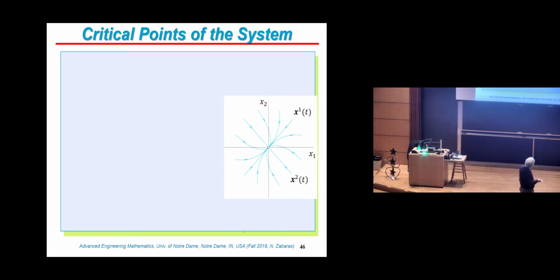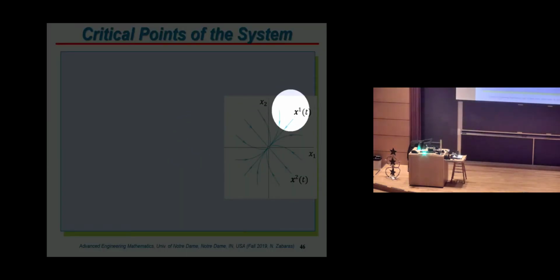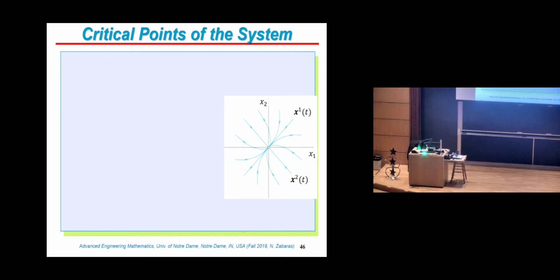Summarize with words, what do you see here? These are all the trajectories, and all the trajectories seem to go where? To what point? 0. So this looks like a stable point.